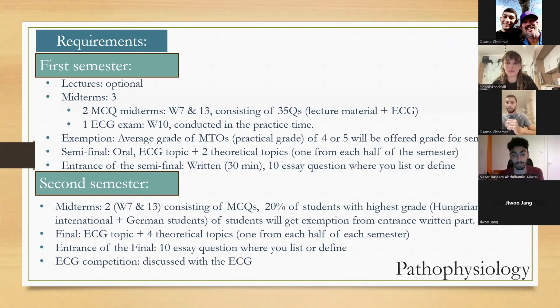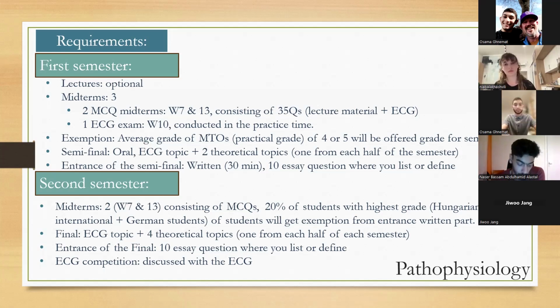Only the students in the highest 20th percentile between the Hungarian, English, and German programs, with the best average in their midterms, will be exempted from the written part of the oral exam in the second semester. And then the entrance of the final is going to be 10 essay questions.